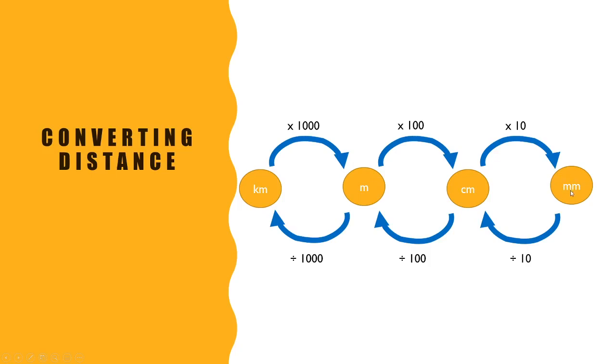If we're going up the scale, so if we're going from millimeters to centimeters, we're going to divide by 10 because 10 millimeters is 1 centimeter. Again, from centimeters to meters, we're going to divide by 100. 100 centimeters is 1 meter. And then from meters to kilometers, we're going to divide by 1,000 because 1,000 meters is 1 kilometer.